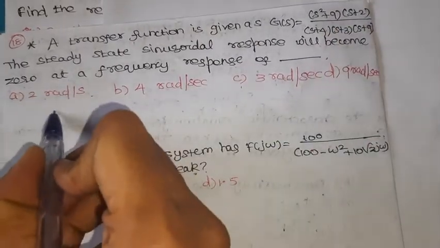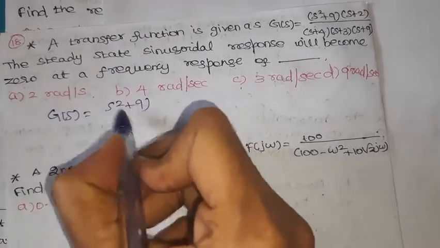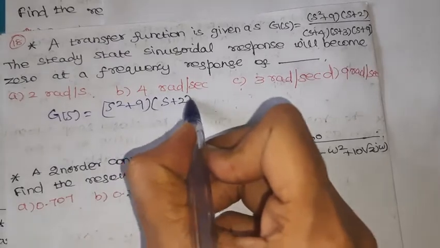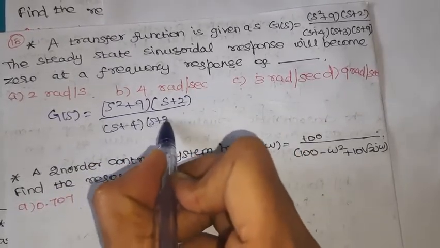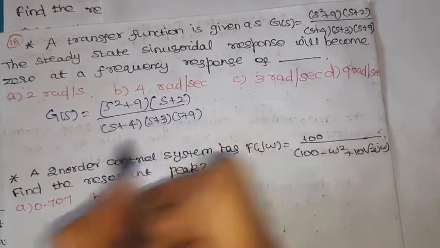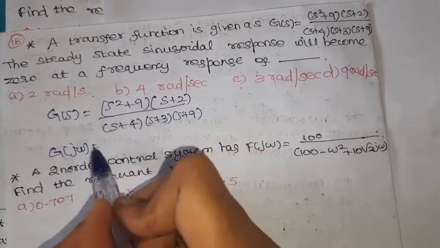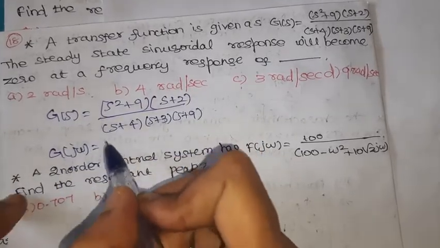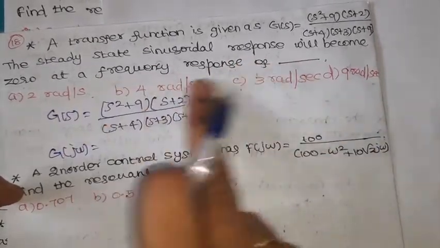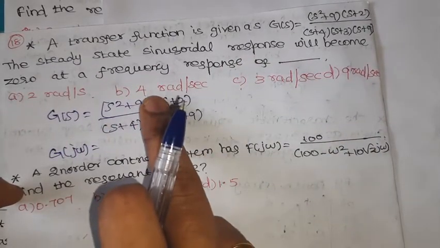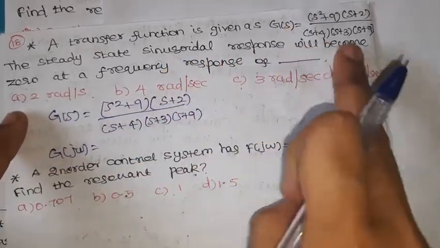What is given? G(s) is given as (s squared + 9s + 2) divided by (s + 4)(s + 3)(s + 9). What is G(j omega)? We need to substitute s equal to j omega in the transfer function, because we need to find the frequency at which the steady state sinusoidal response will become 0.